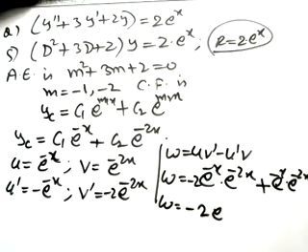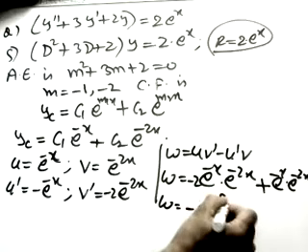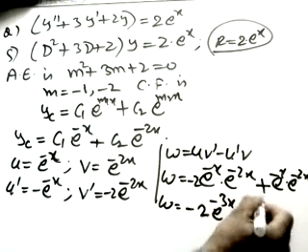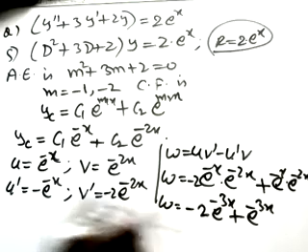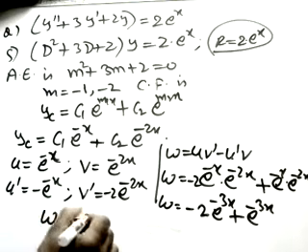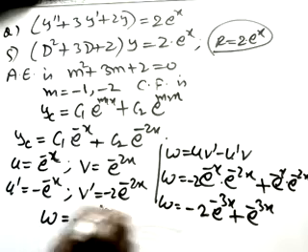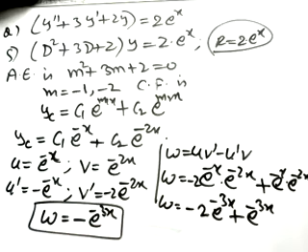So you see here w equals minus 2 times e power minus x minus 2x, bases are same, you add the powers, minus 3x, plus e power minus 3x. Minus 2 plus 1 is minus 1. So w equals minus e power minus 3x. This is the value of w.